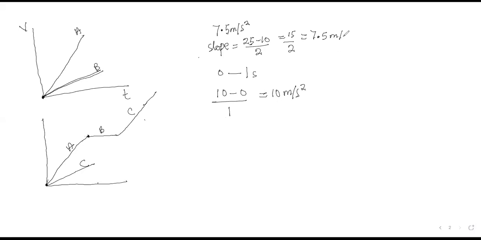So it is obvious the time interval from 0 to 1 has the greater acceleration. And we are considering 0 to 1 and 3 to 5 because all the rest are either 0 acceleration or deceleration. That is why we are only interested in these two. Class, is that understood?